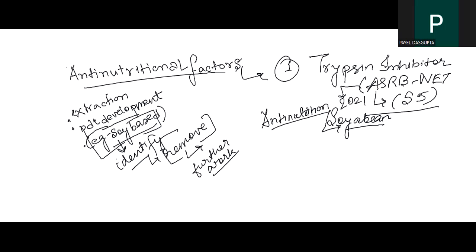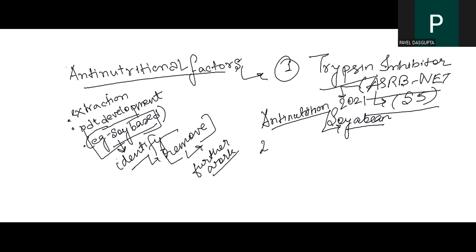The options were trypsin inhibitor, saponin, phytate, and one more option, probably tannin or goitrogen. The answer will obviously be trypsin inhibitor. So this was one of the questions in the competitive exam. You can take this point.